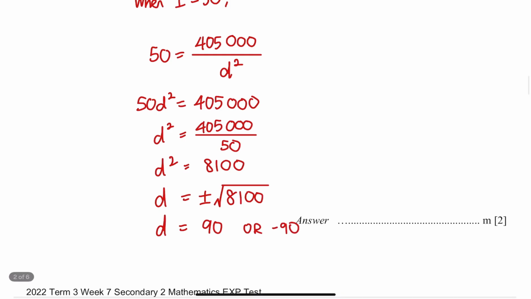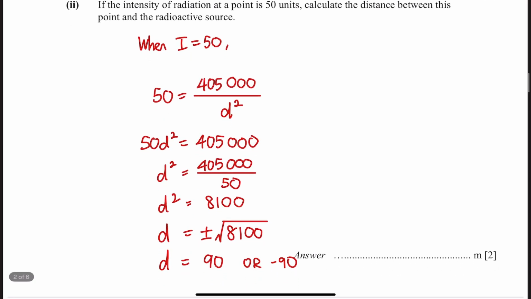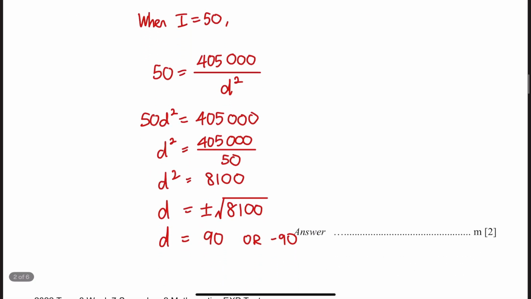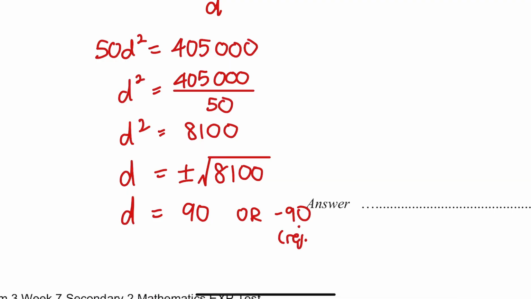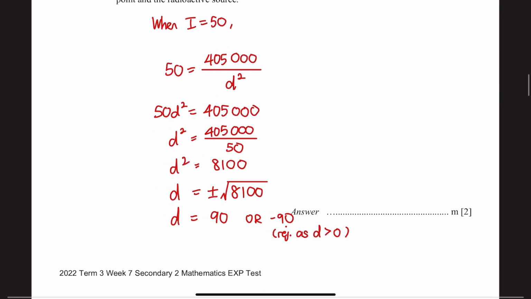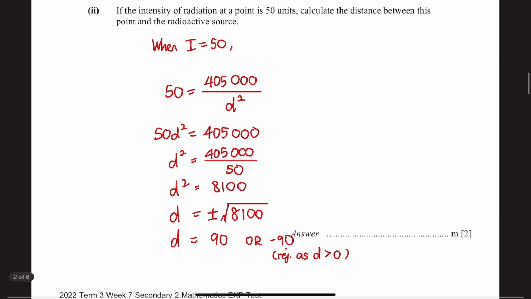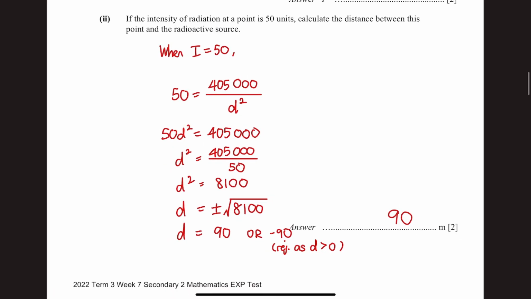Then we check the context of the question. d here means distance. As you know, distance cannot be negative. So over here, I reject it, as distance is always more than 0. Therefore, the answer to this question, d is equal to 90 meters. This is for part 2.